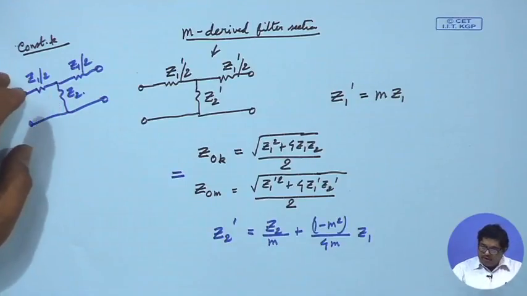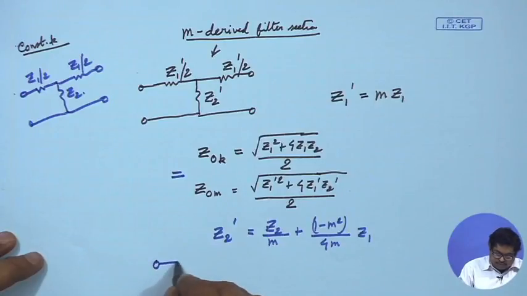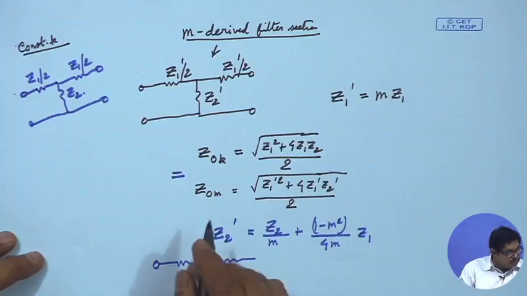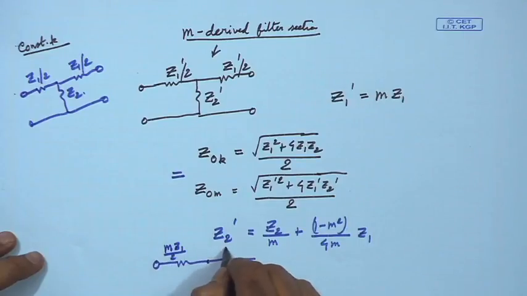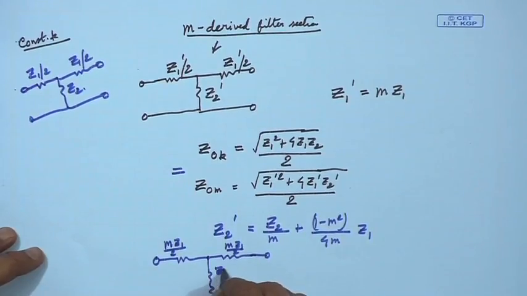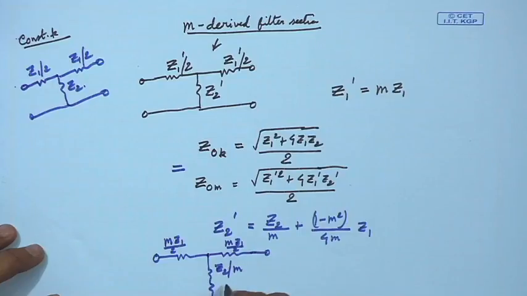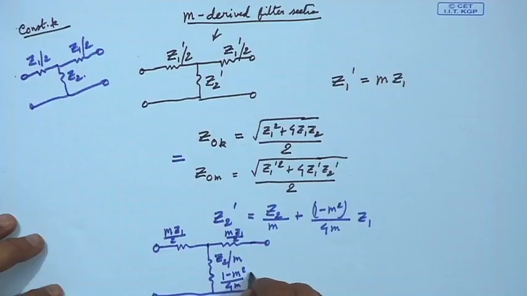So, the new m-derived section I can draw as follows: this will be Z2 by m, and this will be 1 minus m square by 4 m Z1.